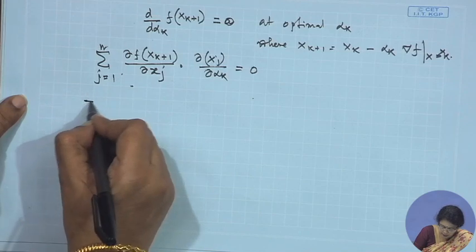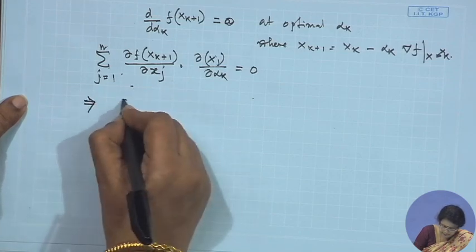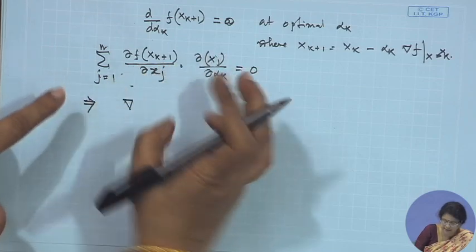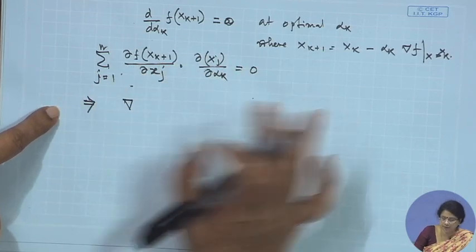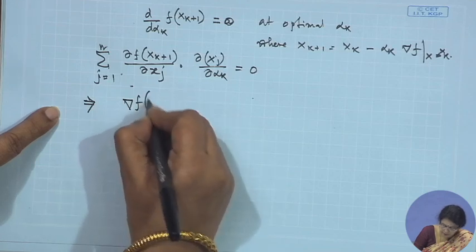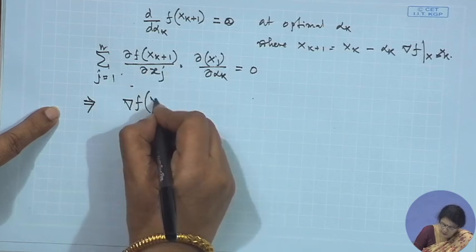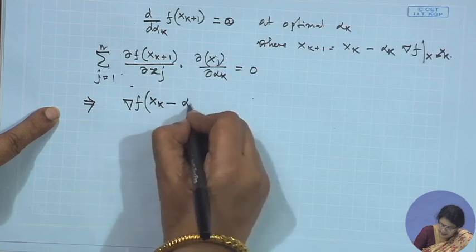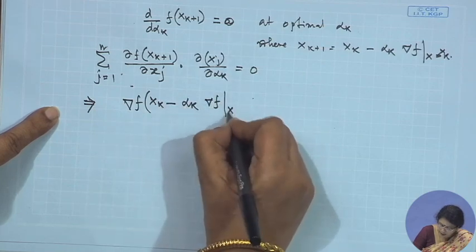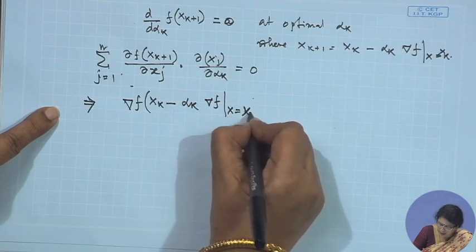Now, from here we can say that grad, this is the grad value, if we consider this as a vector, then what is this value? This value is nothing but grad of f, where x k plus 1 is x k minus alpha k grad of f x k.